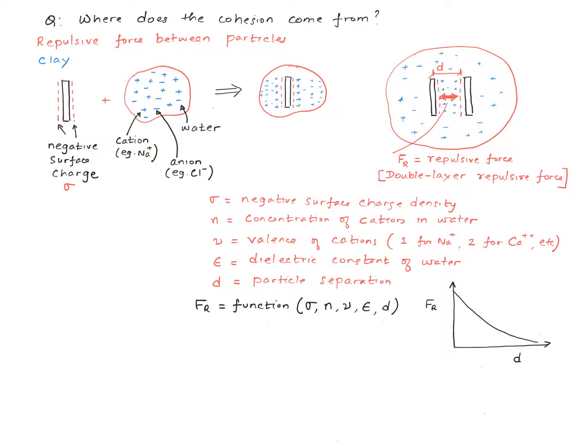It turns out this force is a function of all these variables, and the force decreases as a function of the surface separation or particle separation, like shown in this picture. There is no such negative charge on the surface of a sand particle, and as a result, the repulsive force between two sand particles is zero.